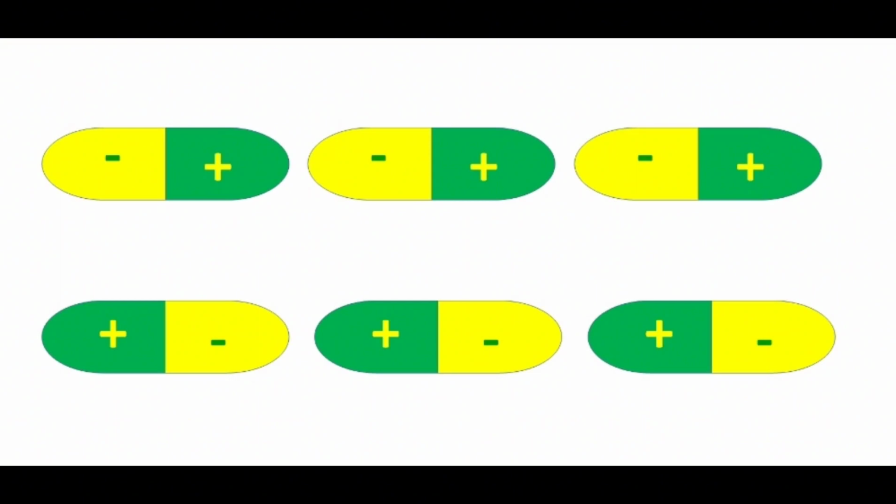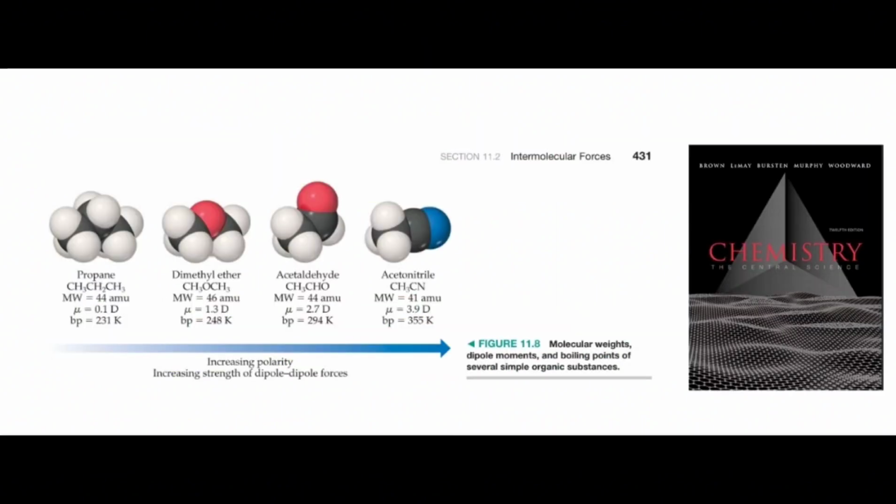While if there are no dipole-dipole forces, it will be easier to separate these two molecules, so the boiling point will decrease. Let's look at this picture, taken from the same book. Here we can see four molecules: propane, dimethyl ether, acetaldehyde, and acetonitrile. If we pay attention to their boiling points, we can see that when dipole-dipole interaction strength increases, boiling point also increases.